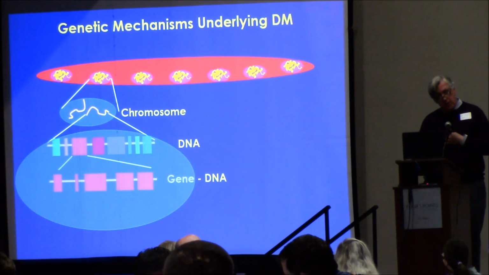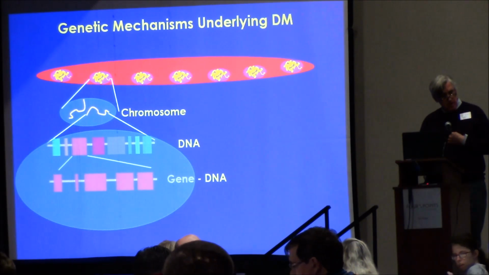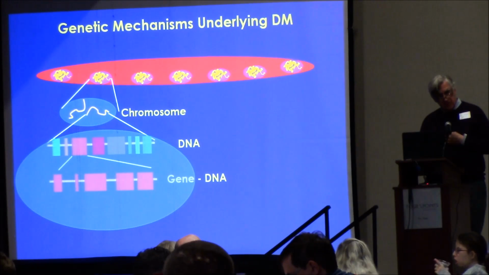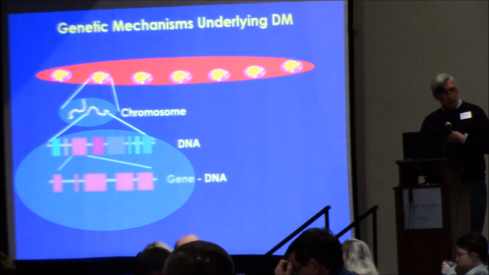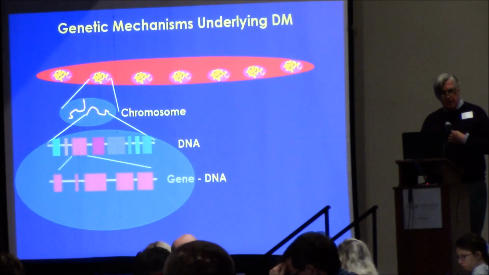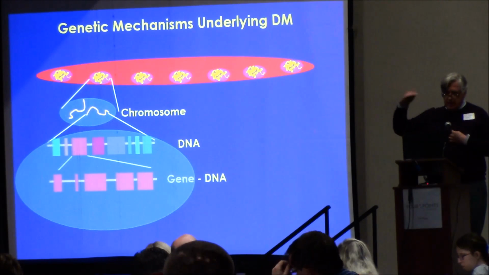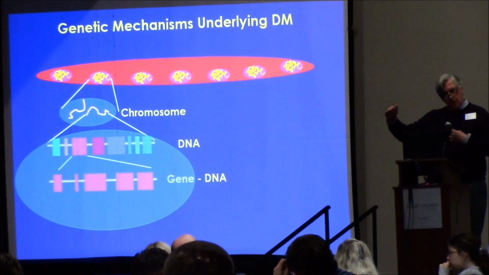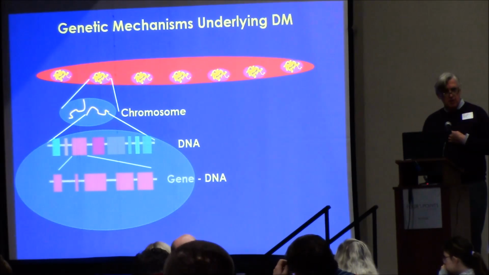And that gene itself is broken up into building blocks. And this is where you go back to biology. In 10th grade biology, you learn that DNA is read into RNA, and then RNA is translated into a protein.